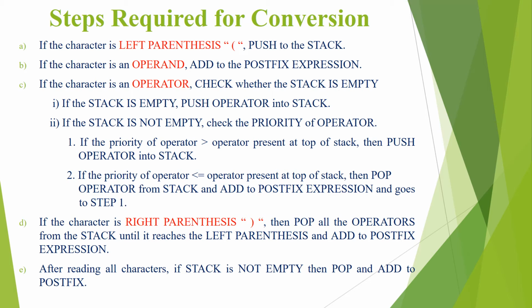If the priority of the operator is greater than the operator currently at the top of the stack, then push that operator into the stack. If the priority of the operator is less than or equal to the operator currently at the top of the stack, then pop the operator from the stack and add it to the postfix expression, and again go back to step 1.